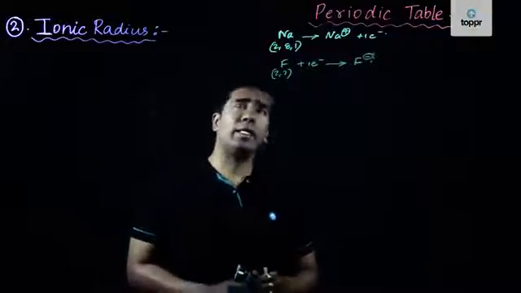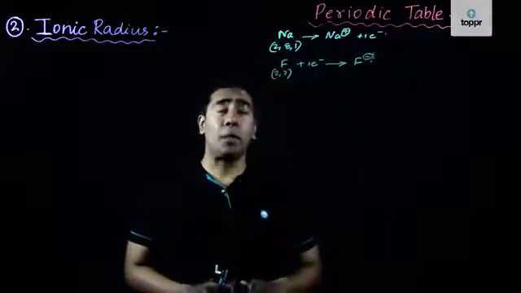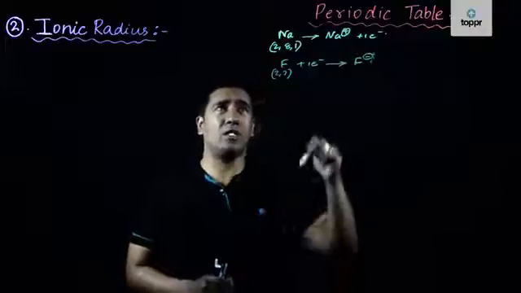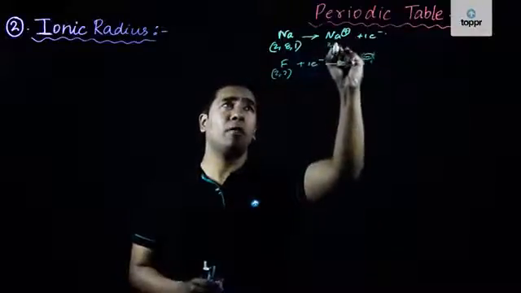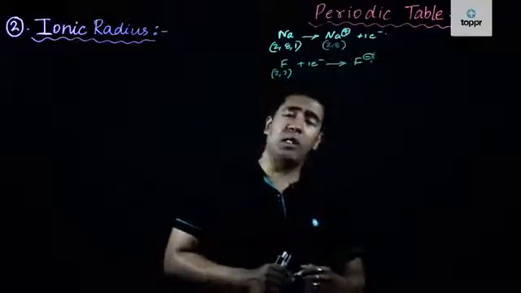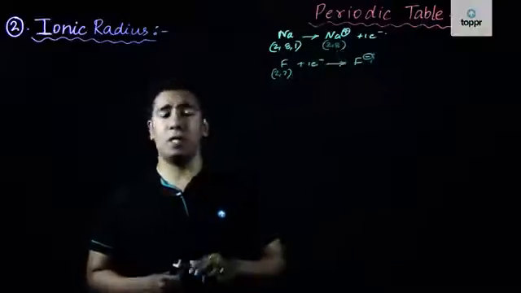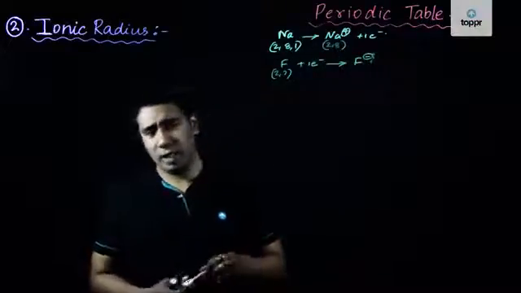Because imagine that in the case of sodium, it earlier had 3 shells, and now after giving away its 1 electron, it will have 2 shells, due to which the ionic size in this case will be much less than the atomic size in the case of sodium.